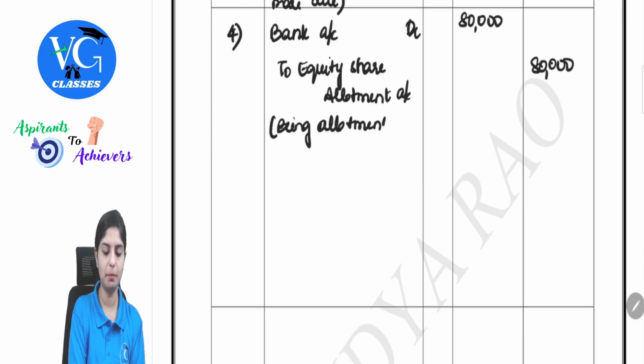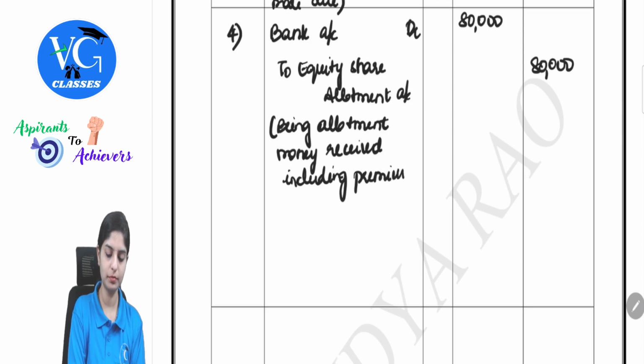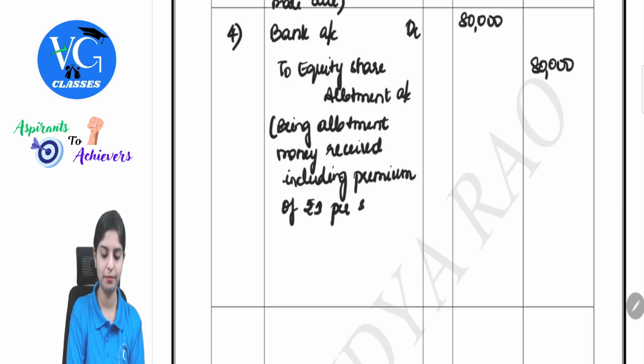Being allotment money received including premium of rupees 1 per share.